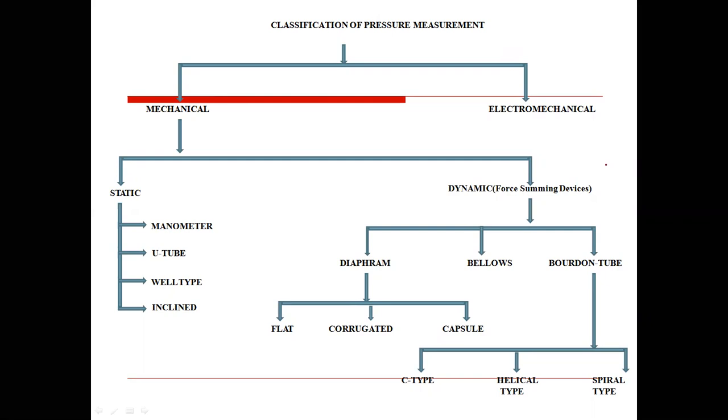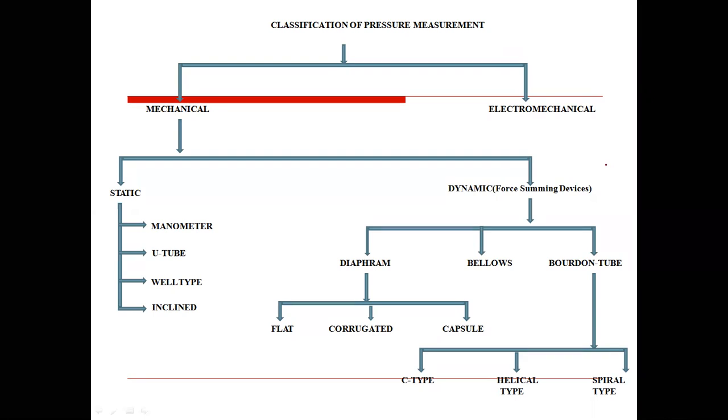So if you see diaphragm, bellow, Bourdon tube, as per the definition of dynamic, these all are generating motion. Diaphragm motion, bellow enlargement, then Bourdon tube change in the shape. So these are the inputs that depend upon the motion.